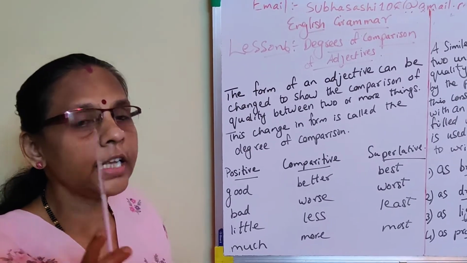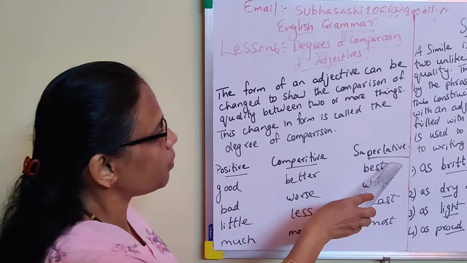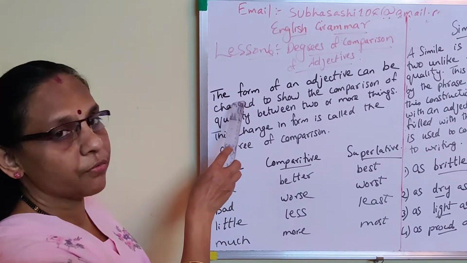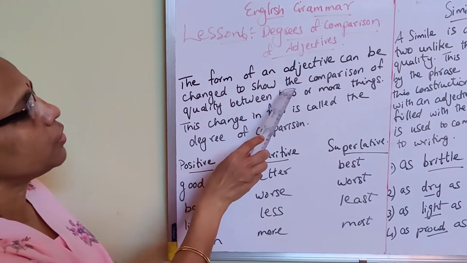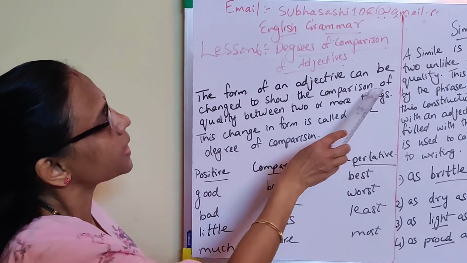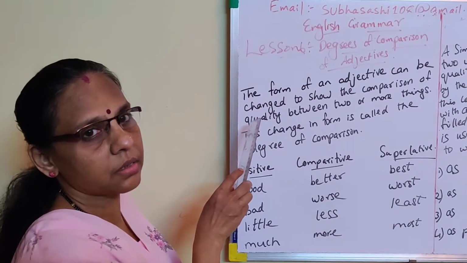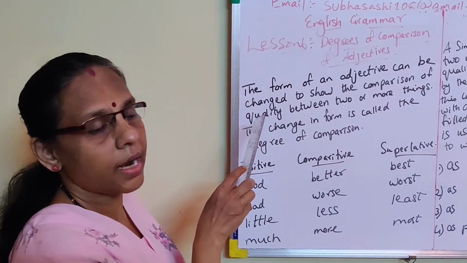So, there are 3 degrees of comparison: positive, comparative, superlative. So, what is the definition? The form of an adjective can be changed to show the comparison of quality between 2 or more things. Understood?